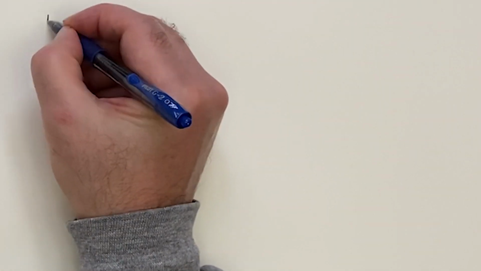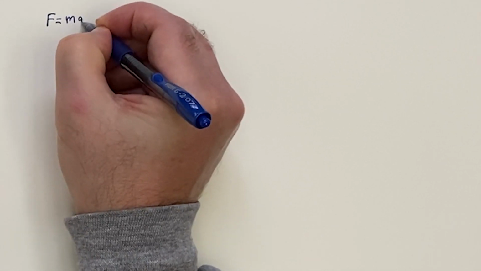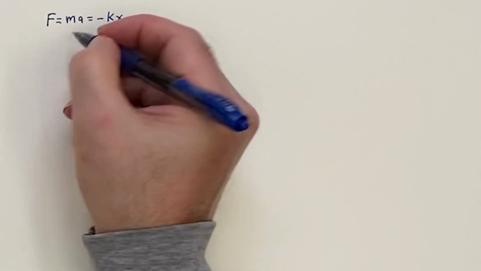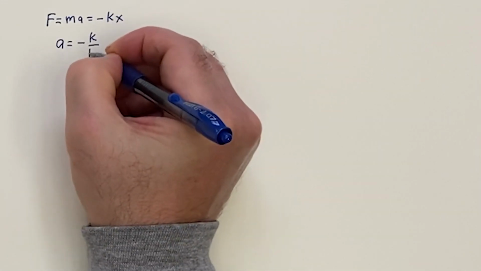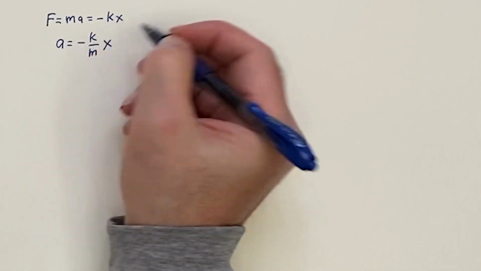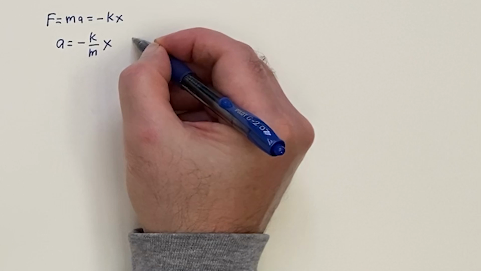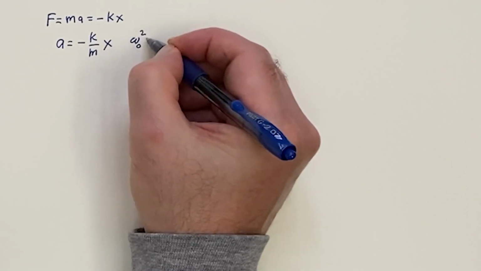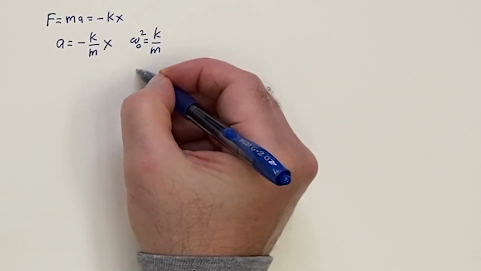Let's go use Newton's law with Hooke's law. F equals ma, and we plug in minus kx, and the acceleration would be minus k over m times x. It's conventional to take this constant, omega naught squared, to be k over m, and you'll see why in a second.